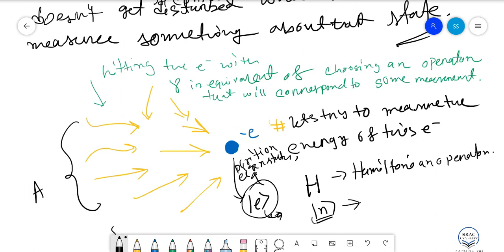So let's keep that aside and just call it my eigenvector for the Hamiltonian operator.